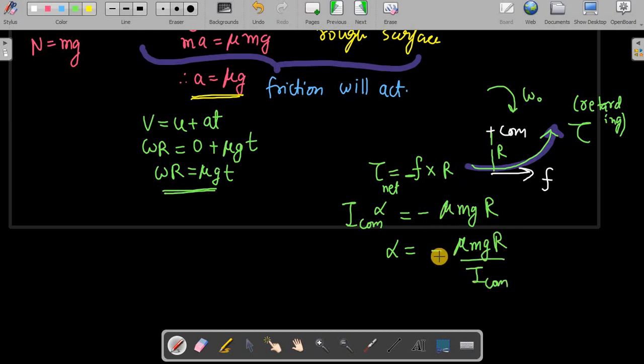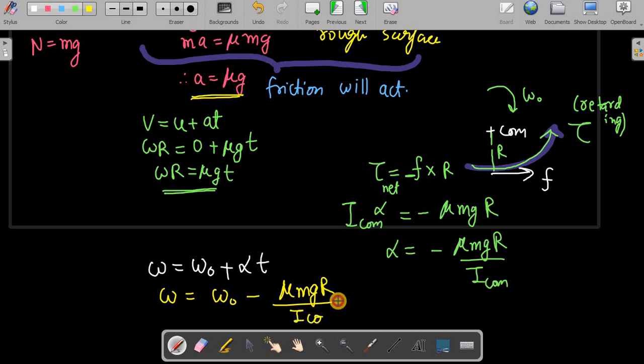Using this alpha you can study the angular motion: omega equals omega naught minus alpha t, and substituting, omega is omega naught minus mu mg r by I center of mass into time t.